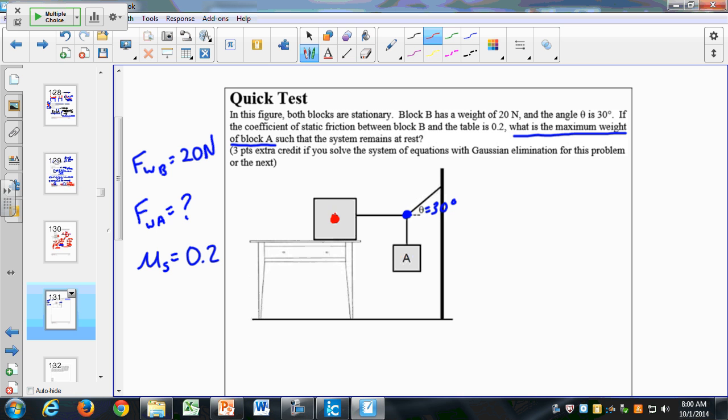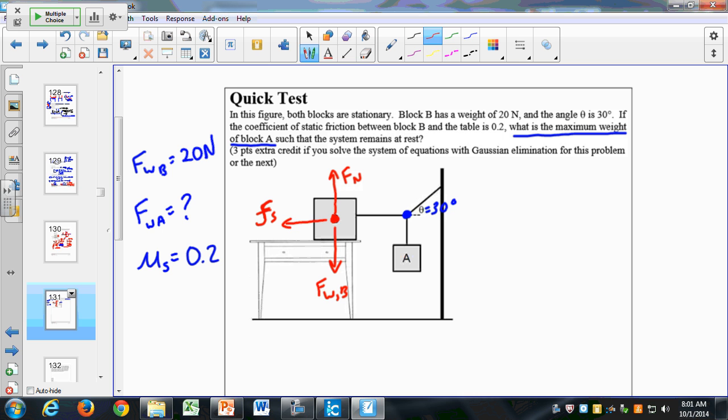Okay, so I have Fn, and then I have Fw. I'm going to label it as FWB, so as to differentiate it from FWA. And then I have Fs, that's my static frictional force, because this block is going to tend to move to the right because of the tension force.